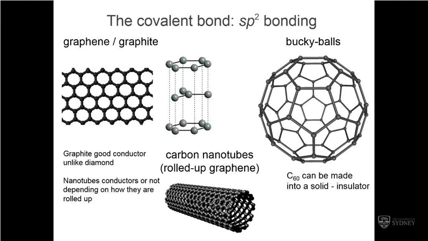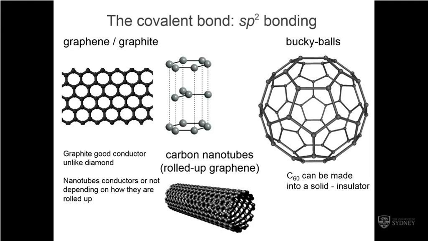Also, these nanotubes exhibit this kind of sp2-like bonding, and as we saw at the start, depending on how they are rolled up, you can imagine changing the angle and then rolling it. You can get conductors or non-conductors, sort of metallic nanotubes. Also, you can have so-called multi-walled nanotubes, where you might have a nanotube in a nanotube in a nanotube, or something like that.